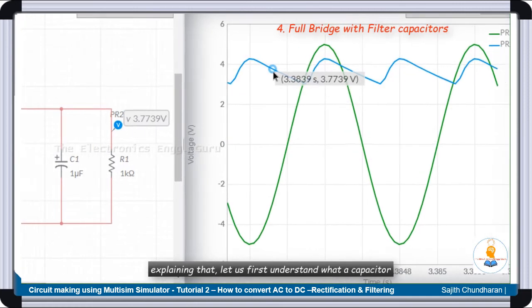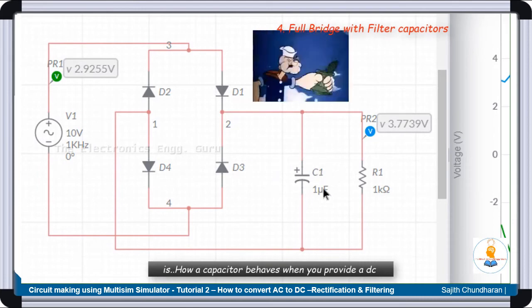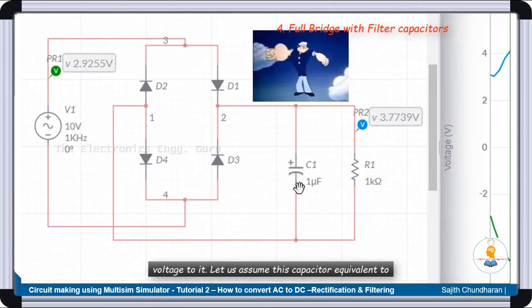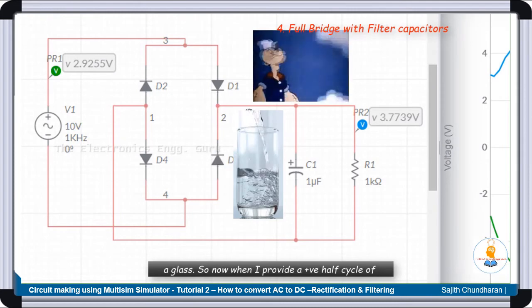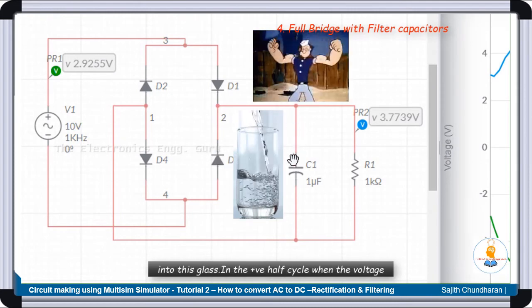Before explaining that, let us first understand what a capacitor is, and how a capacitor behaves when you provide a DC voltage to it. Let us assume this is a capacitor equivalent to a glass. Now when I provide a positive half cycle of current, let me consider it equivalent to pouring water into this glass.